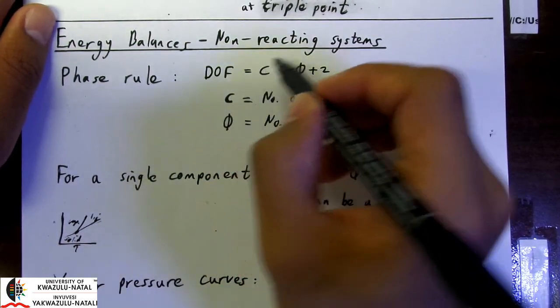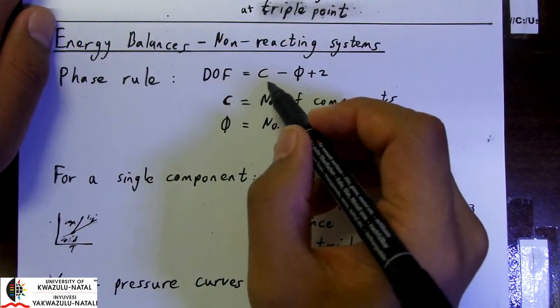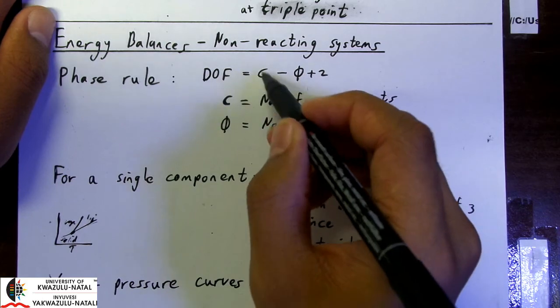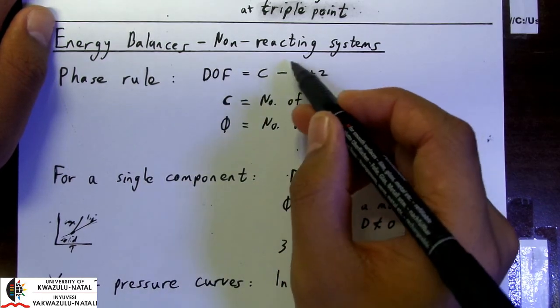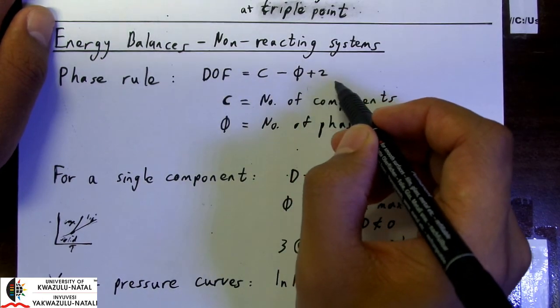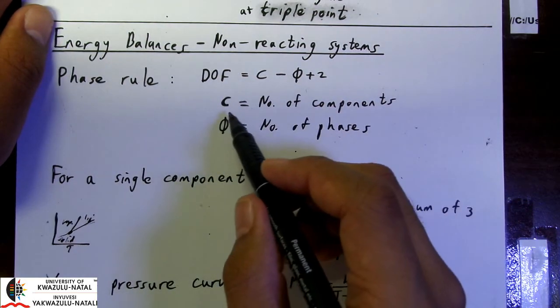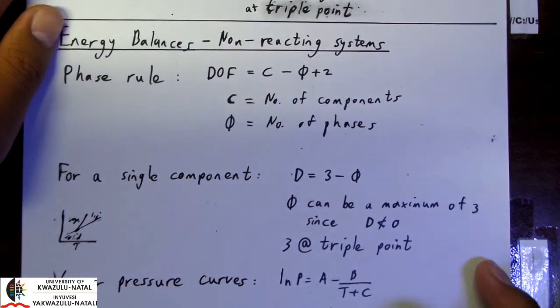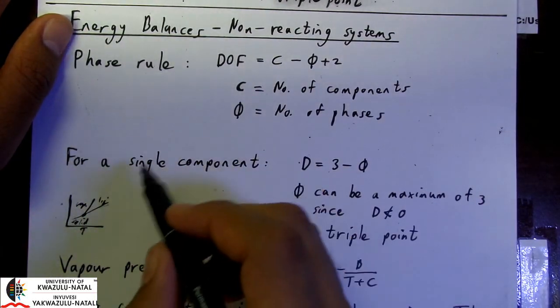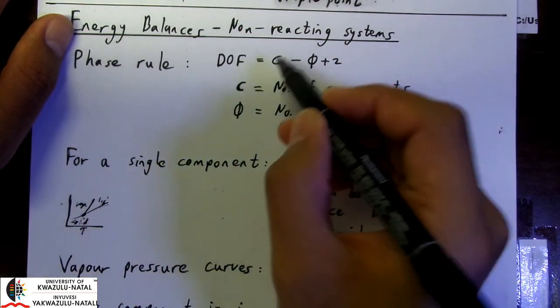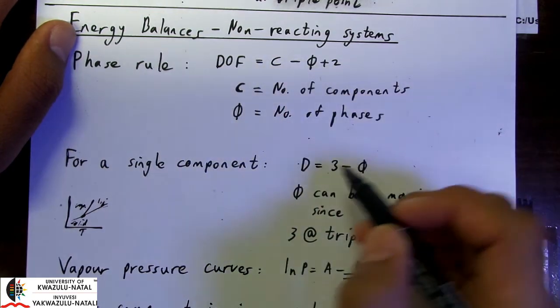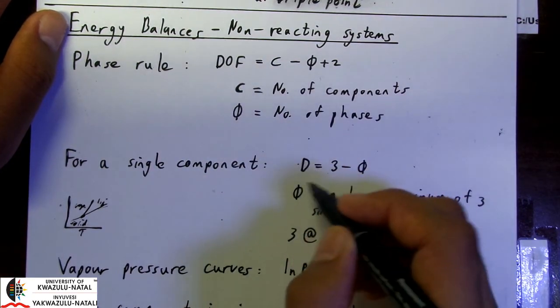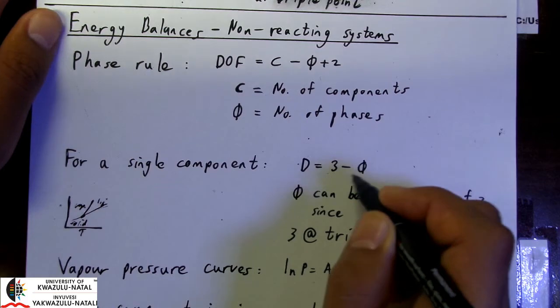Degree of freedom is equal to the number of components in our system minus our number of phases plus 2. So C is the number of components and phi is the number of phases. Note that if we have a single component, then C is of course 1, and our degree of freedom is equal to 3 minus phi.